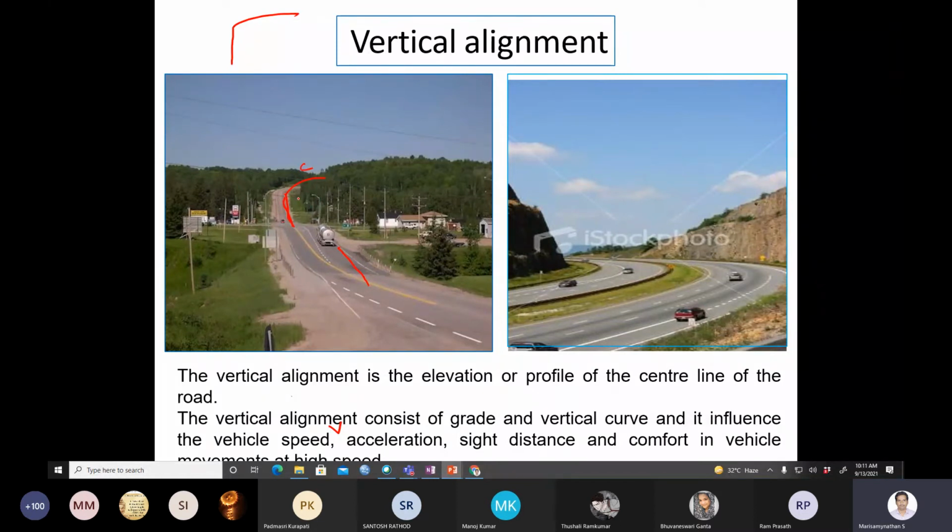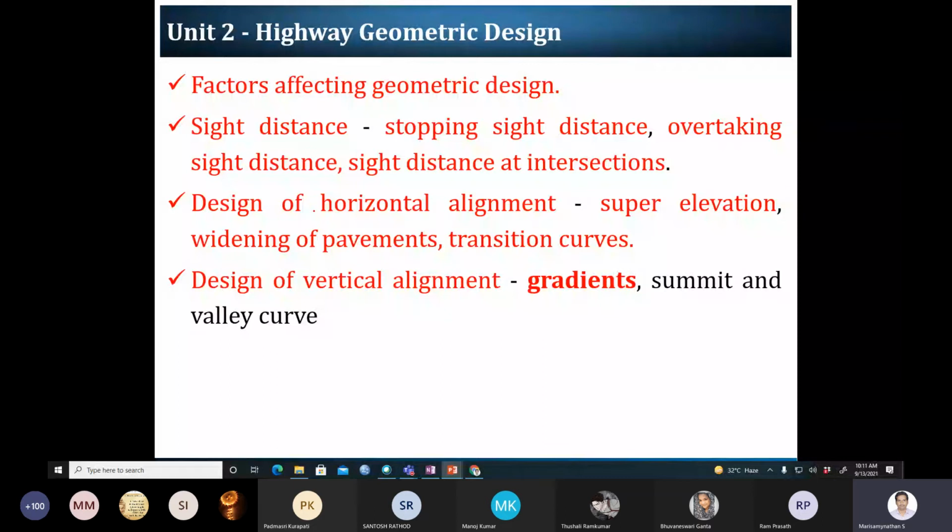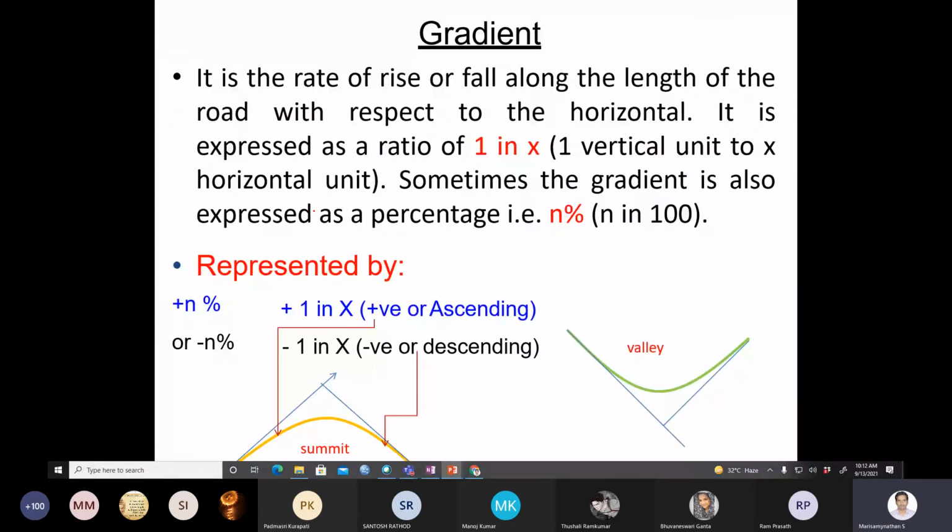Likewise, with the downward and upward elevations, the comfort level of the driver is ultimately affected. So this is just a view of the vertical alignment, where the gradient, summit and valley curve types play the major role.